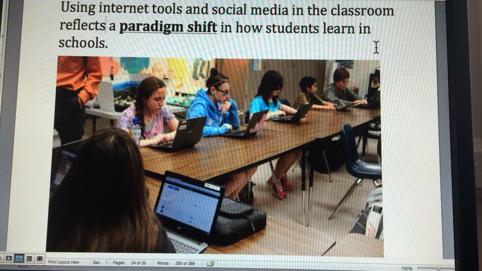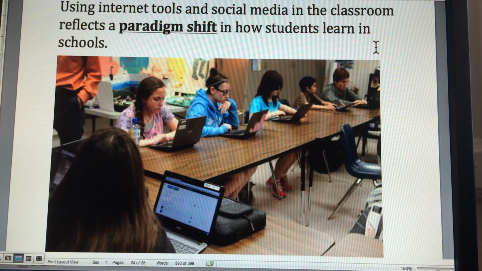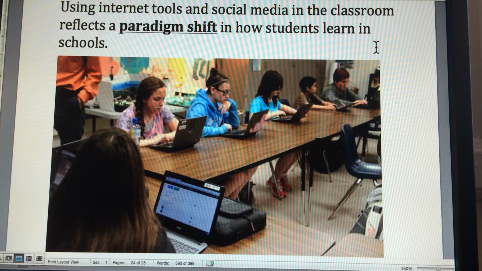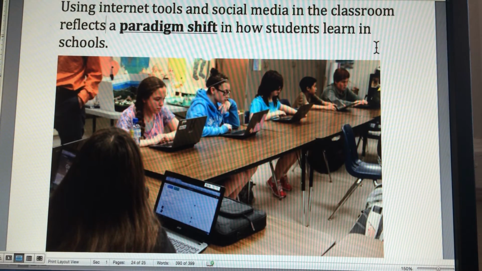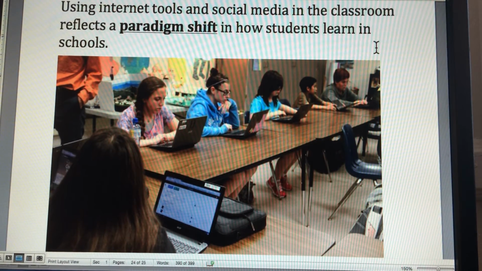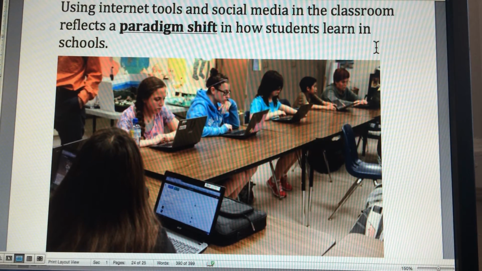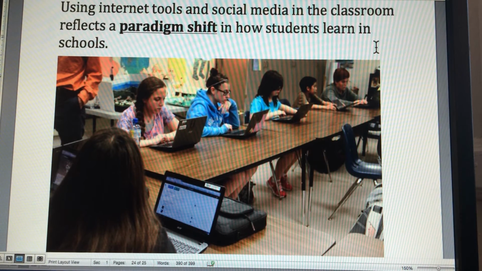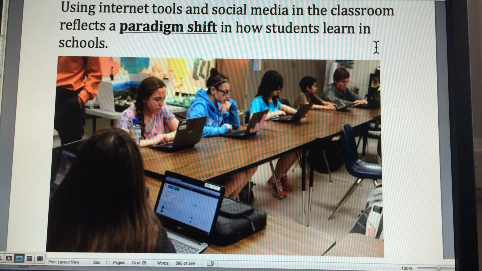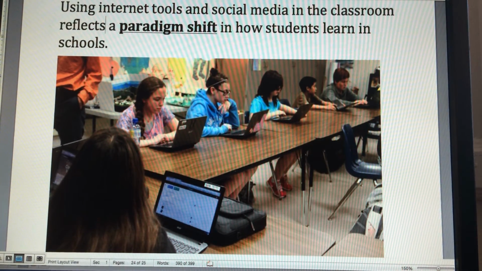Once computers came into existence, the idea of letting students get on the internet and get on social media like Facebook or look at YouTube, that was taboo. That was not allowed. And so now the idea of getting students on the internet more and more, using social media in the classroom, that reflects a paradigm shift, a change in thinking. Okay, a change in thinking.